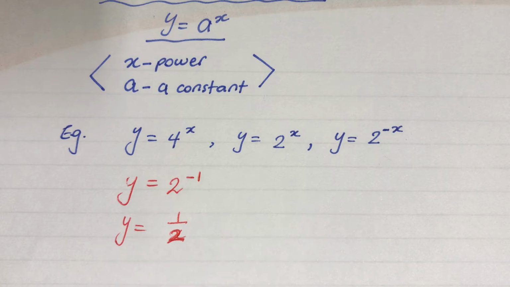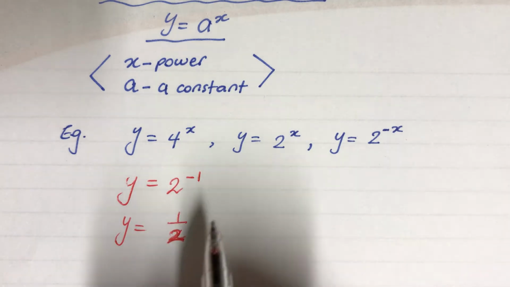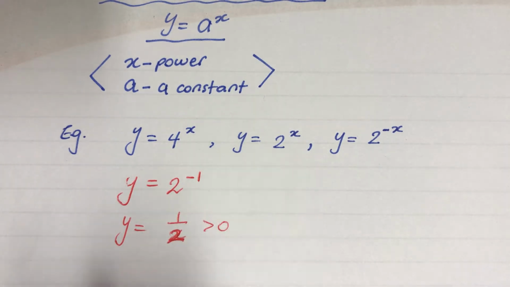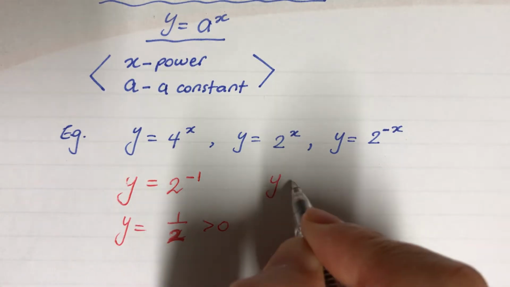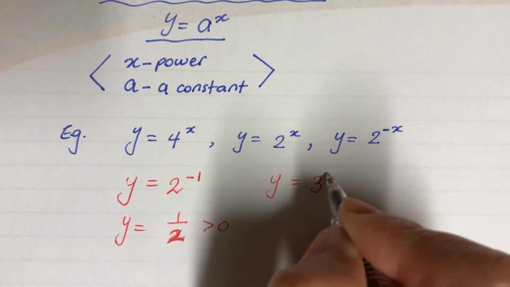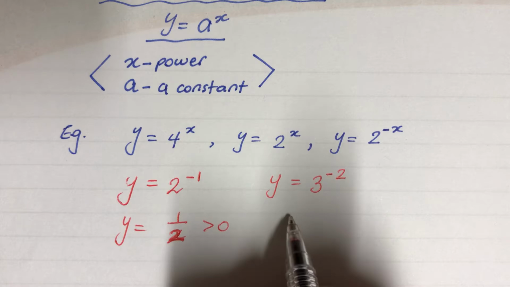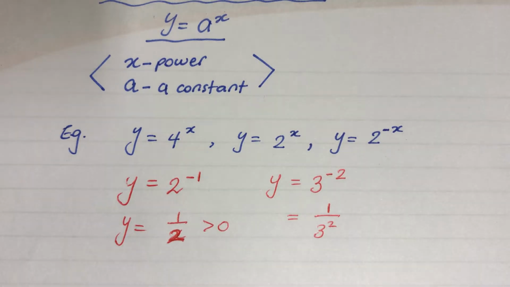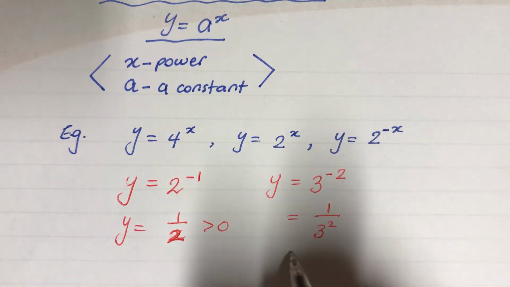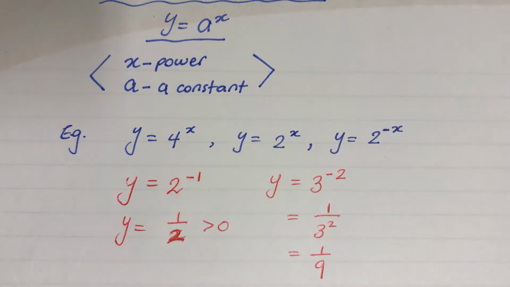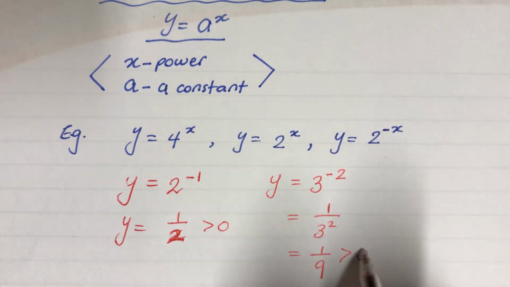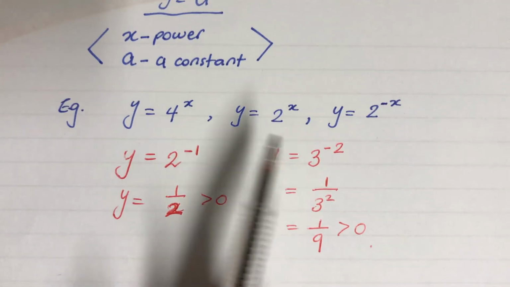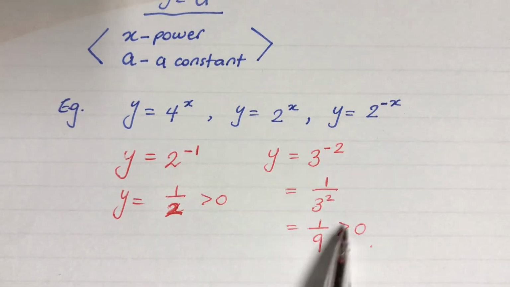So it's still positive. Even if I had y equals 3 to the negative 2, that will become 1 over 3 squared, which will be 1 over 9. So it's still positive. Anything you put as x value, positive or negative, it's always going to be positive.